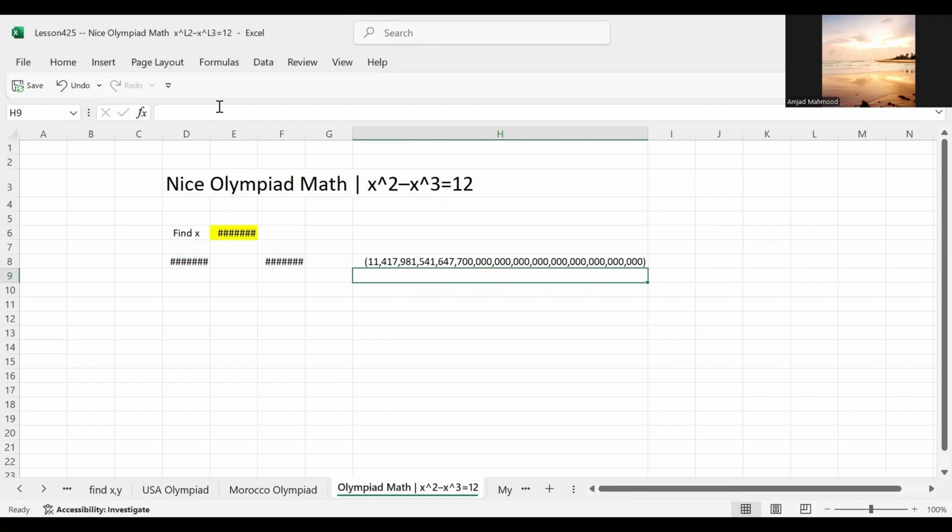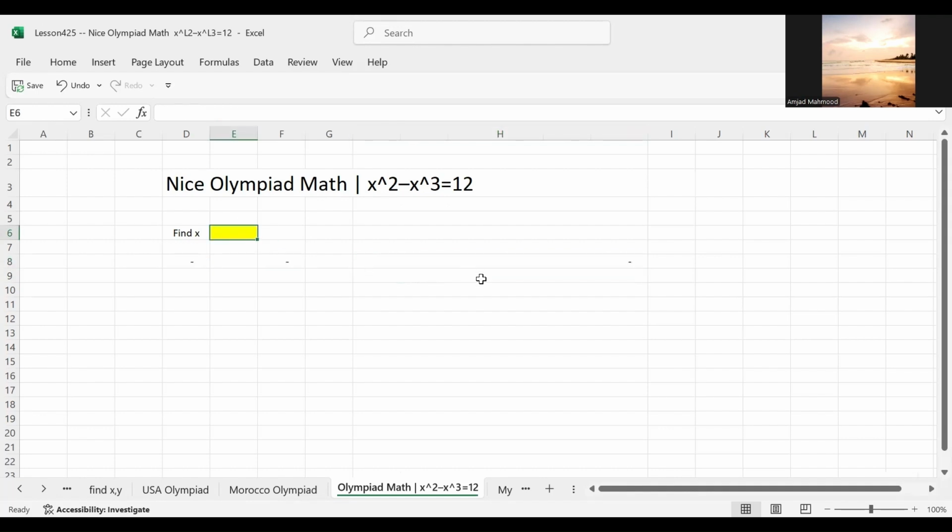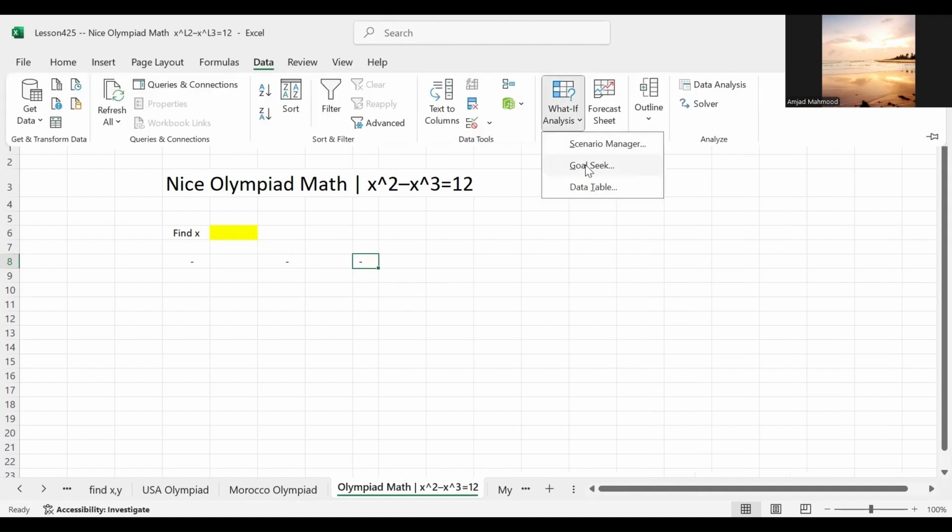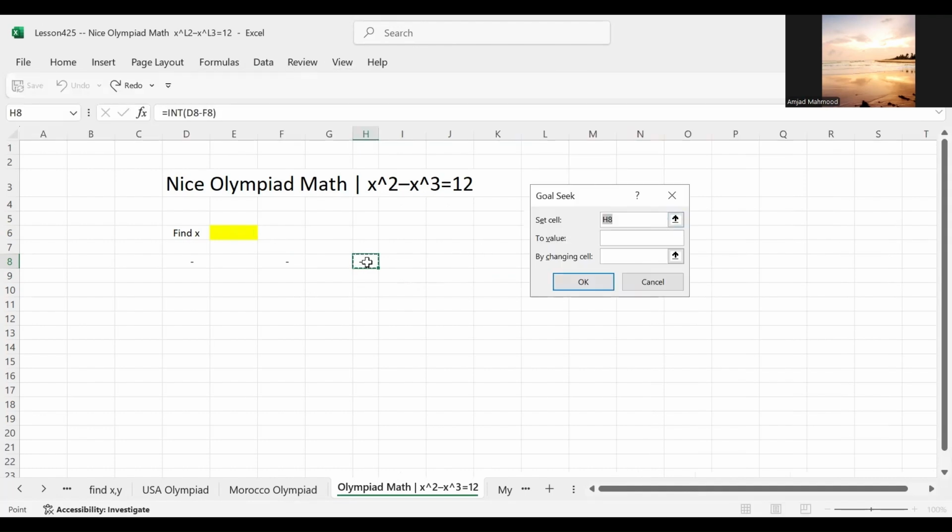Okay, there is some sort of issue which we have to find out. What is the problem that is causing this? So we try it again. Go to data, go to goal seek, and our target is H8, and we want to reach 12 by changing the value of X, and click.